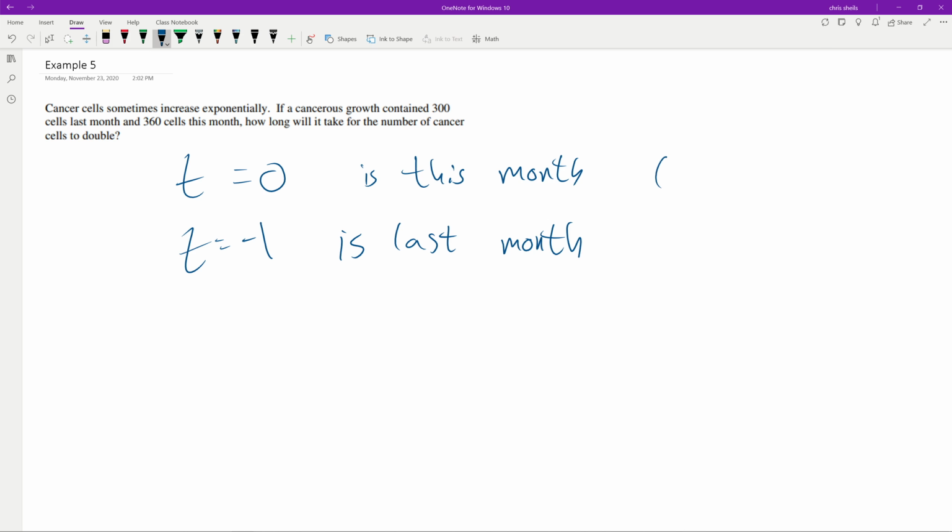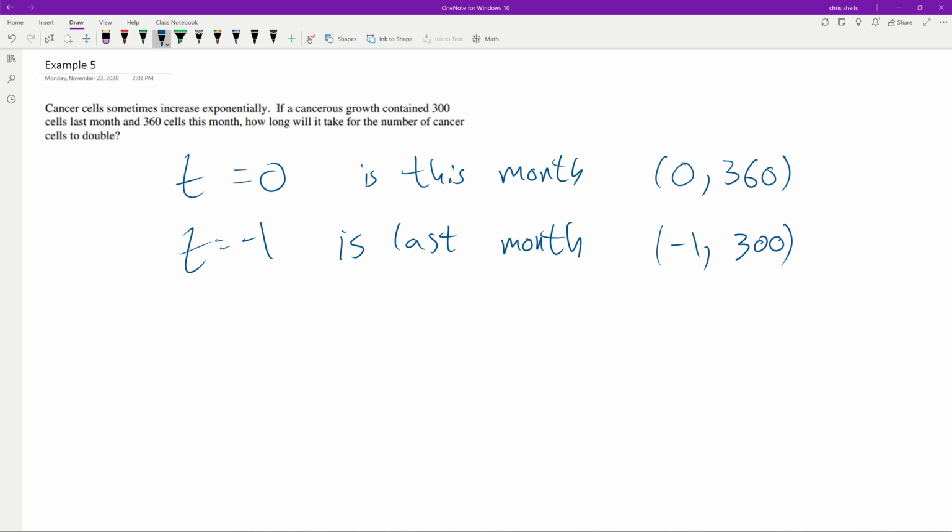This gives us 2 points. It gives us the points 0, 360, right? 360 cells this month, and -1, 300. There were 300 cells last month. So from this data, we can find an equation for this growth.